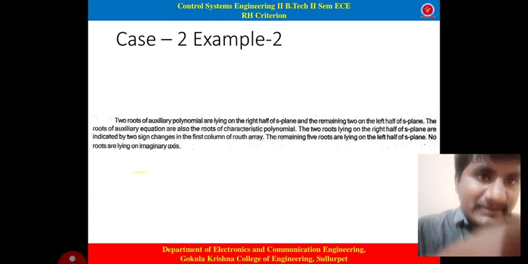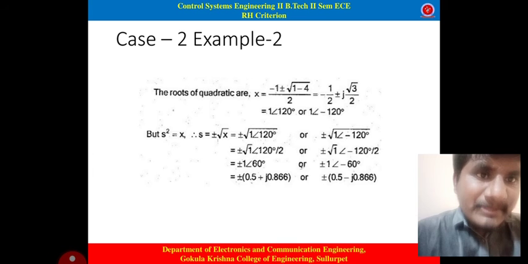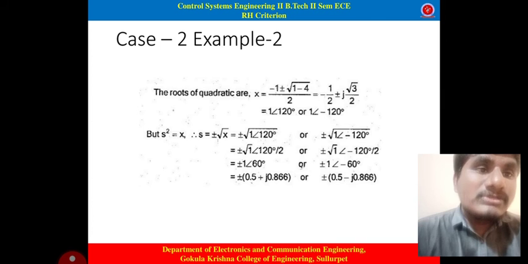In the previous example, you see here s is plus or minus 0.5 plus j 0.something we got, right? So for instance, if there is no real part, where here you got 0.5, if it is a 0, then we are sure that there are a few poles on the imaginary axis. For instance, if they are double poles lying on the imaginary axis, what will happen at that time?